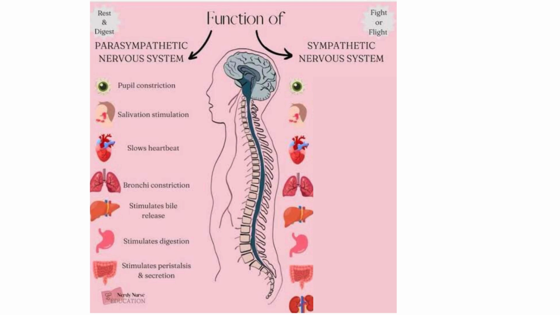So get a paper and write out all the reverse actions of the sympathetic nervous system. That is, write the opposite action of all the functions of the sympathetic nervous system. And we'll be back after some seconds to review what you have written and see if it correlates with what we have.